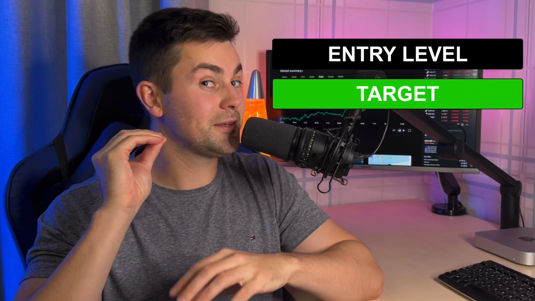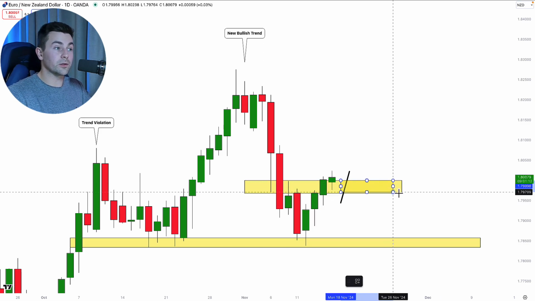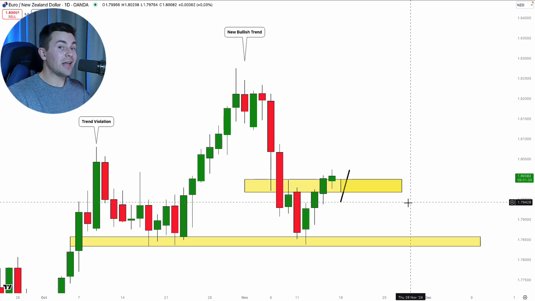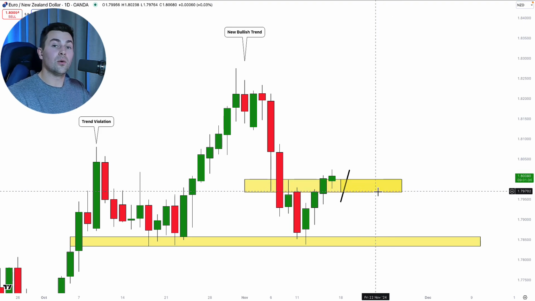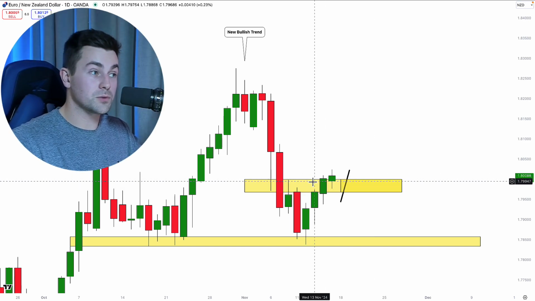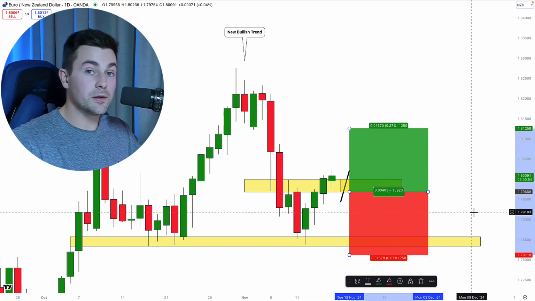Identify the exact entry level, realistic target, and a safe stop loss. When a daily candle closes above that yellow resistance, it will turn into support. And that will be the area from where we can buy. That will be the area where it will be safe for us to buy the pair. After the daily candle closes above our resistance, I recommend setting a buy limit order on a retest of a broken structure.